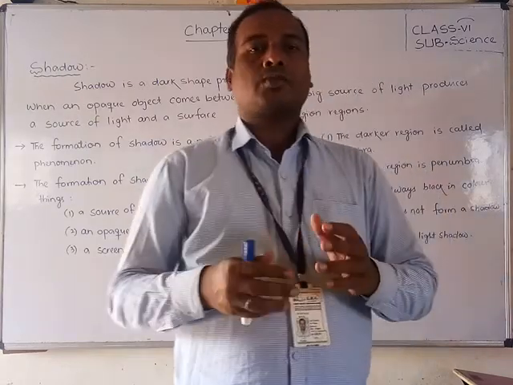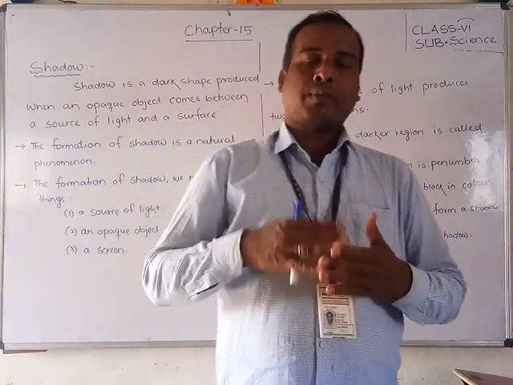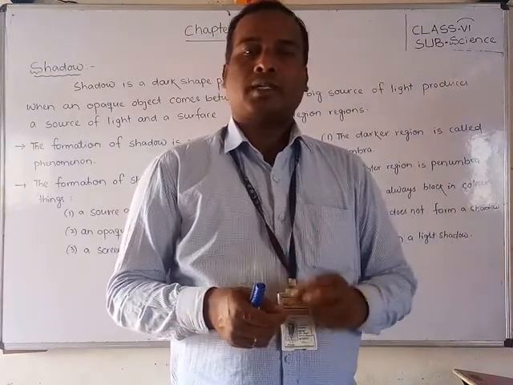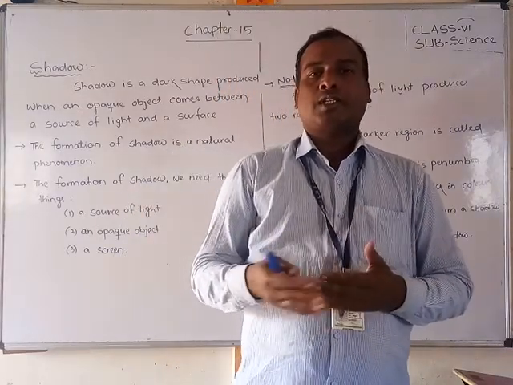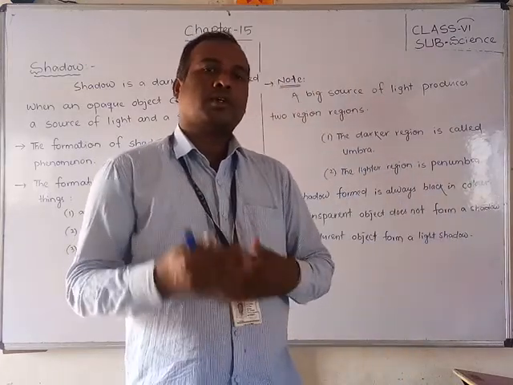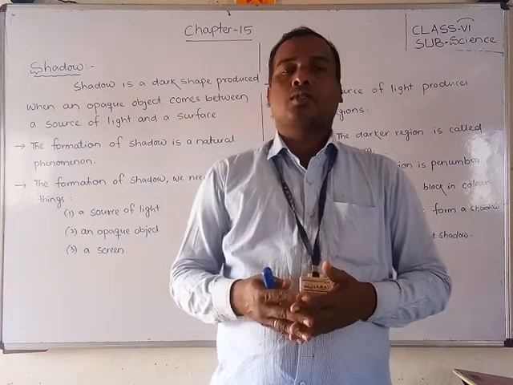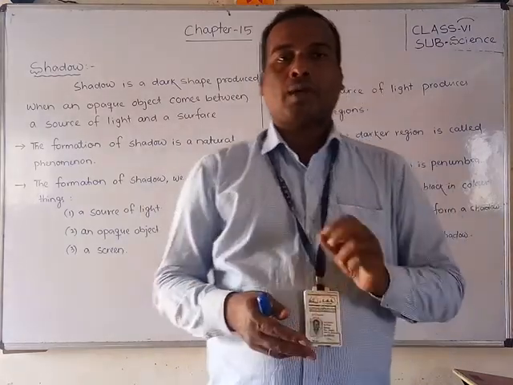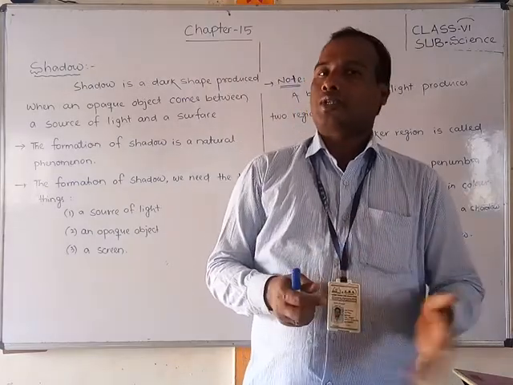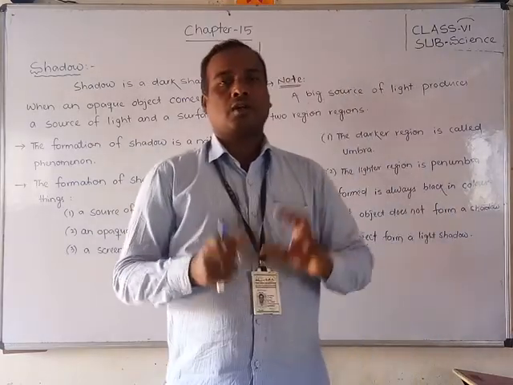An object through which light passes completely is called transparent, and partially passing is called translucent. When the light is totally obstructed, meaning totally blocked so that light cannot pass through the object, it is called opaque. These are what we studied in the last video.